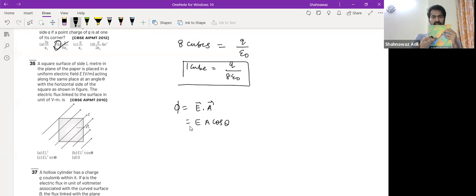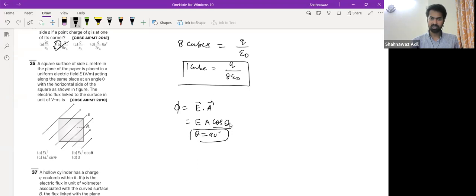So what is the angle? 90 degrees, right? Rabia, what is the angle? 90 degrees. So theta is 90 degrees.